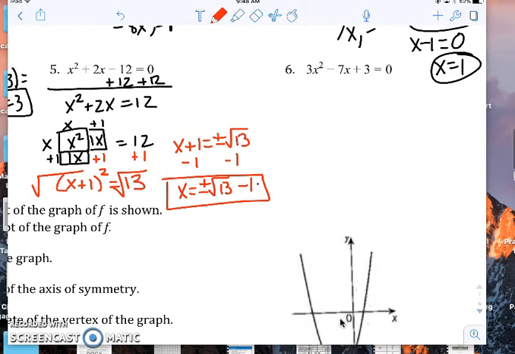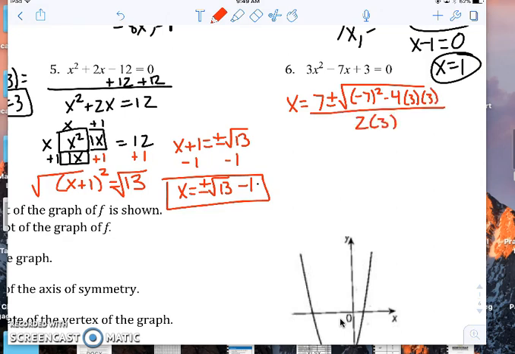And this last one here, ooh, that looks like a hard one to factor. We could try factoring. Maybe if we did quadratic formula, x equals the opposite of b plus or minus the square root of b squared minus 4ac, all over 2a.